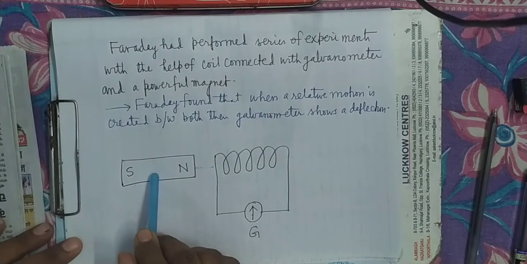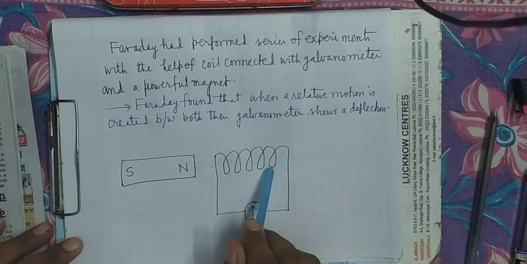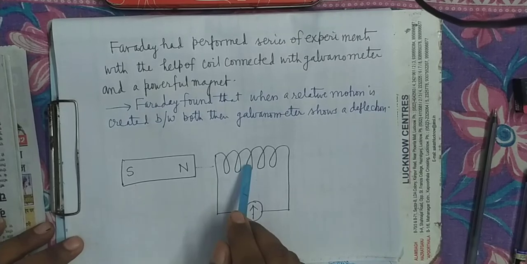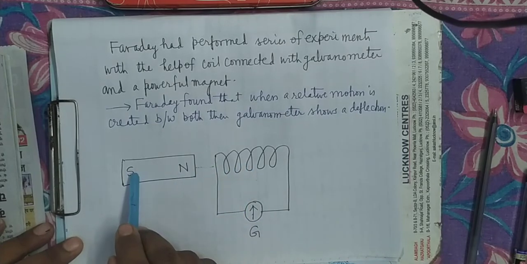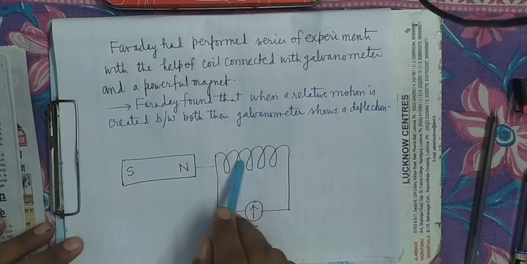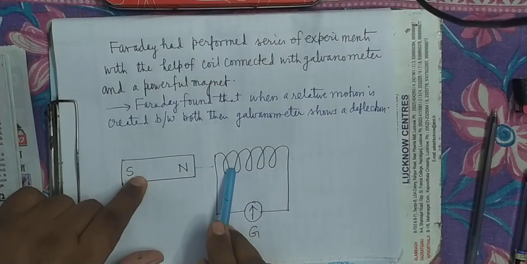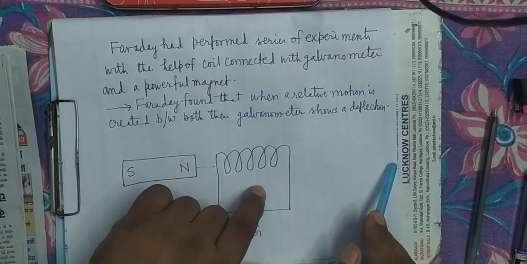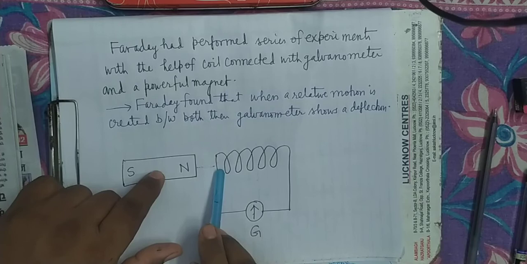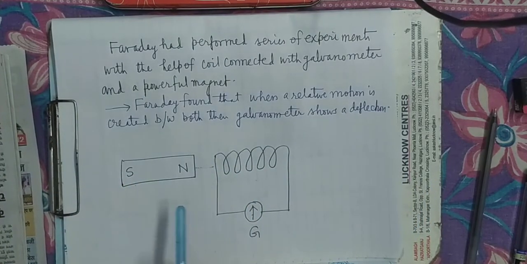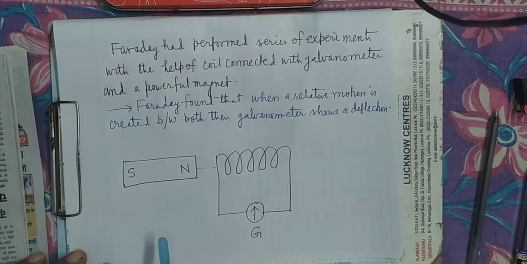It's clear? Means how can you create the relative motion? By keeping the coil at rest and moving the magnet towards the coil, away from the coil, or by moving both with different speeds in the same direction, or with any speed in the opposite direction. Relative motion will be created.